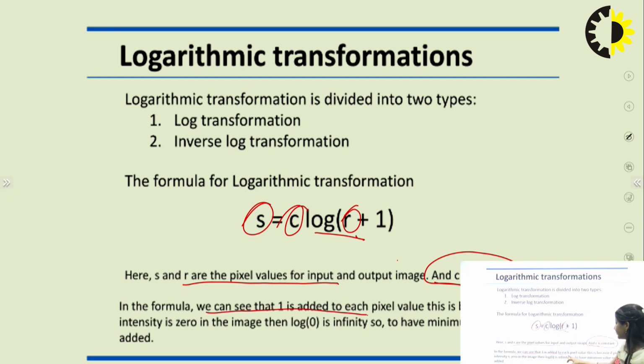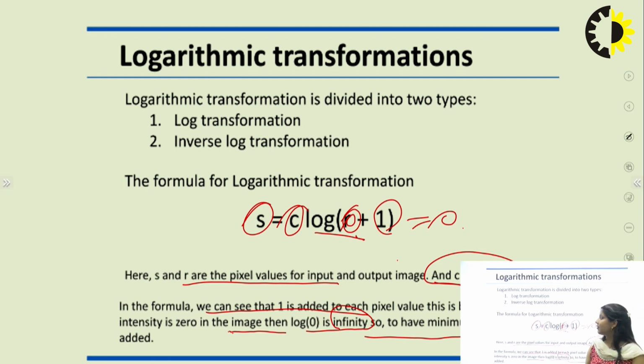If the pixel value is 0, the pixel will vanish and the value will be lost. And log 0 is infinity. So if we have the first value 0, log 0 will give an infinite value. So we add 1, so the minimum value is 1, log 1 equals 0, and the first value is 0.